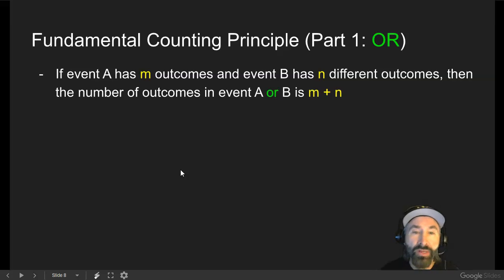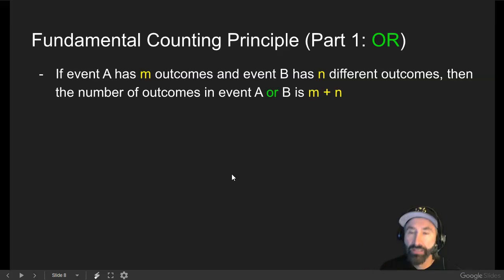One part is the OR, and in the OR part we say if event A has M outcomes and event B has N different outcomes, then the number of outcomes in event A or B is M plus N. In other words, how many ways can I roll a die or toss a coin? If I'm looking at how many ways I could roll a die, there's 6, or toss a coin, that's 2. So 6 plus 2 would give me 8 different outcomes.